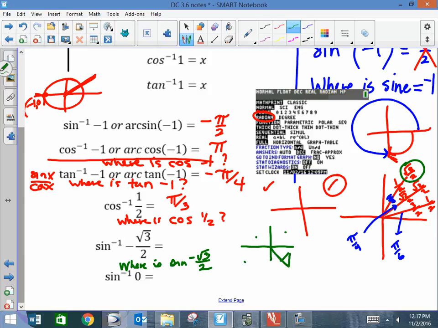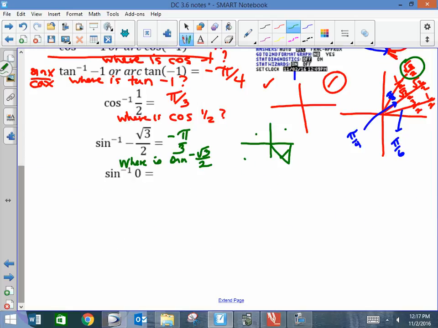In order to get down here, we're talking negative pi over 3. This negative will put it in the fourth quadrant, and then this will give you that value, radical 3 over 2. I don't want you to take the time to fill out a unit circle every time you have a test. You're doing like 10 minutes worth of work that you only need 2 values on that whole circle. You can figure it out as you go.